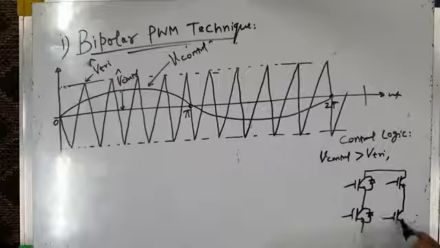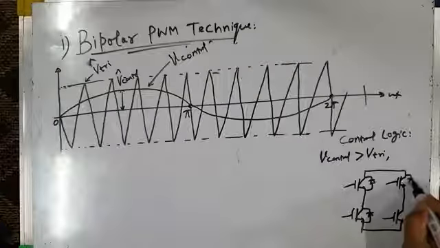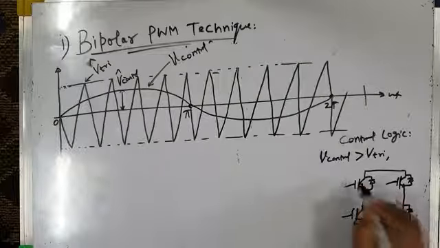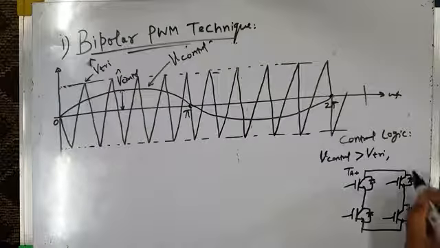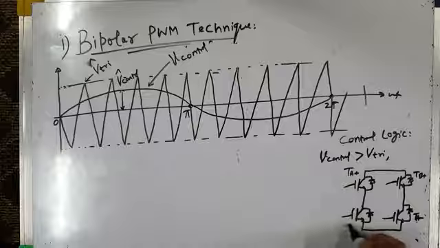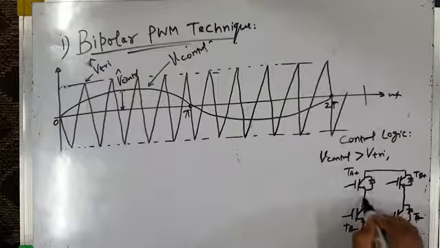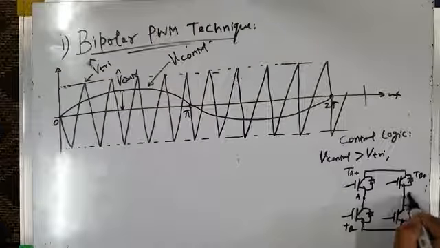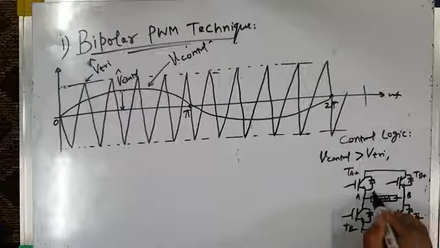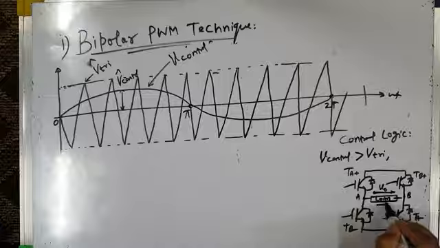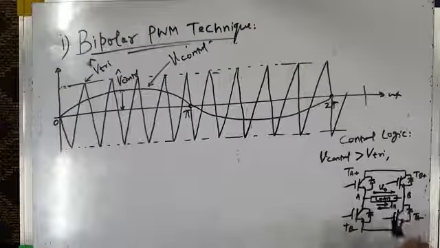This is my single phase PWM voltage source inverter. This is switch TA plus, this is TA minus, this is TB plus, this is TB minus. These are load terminals A and B, and the load is connected between A and B with load voltage V0, and load current may be in either direction as I0.